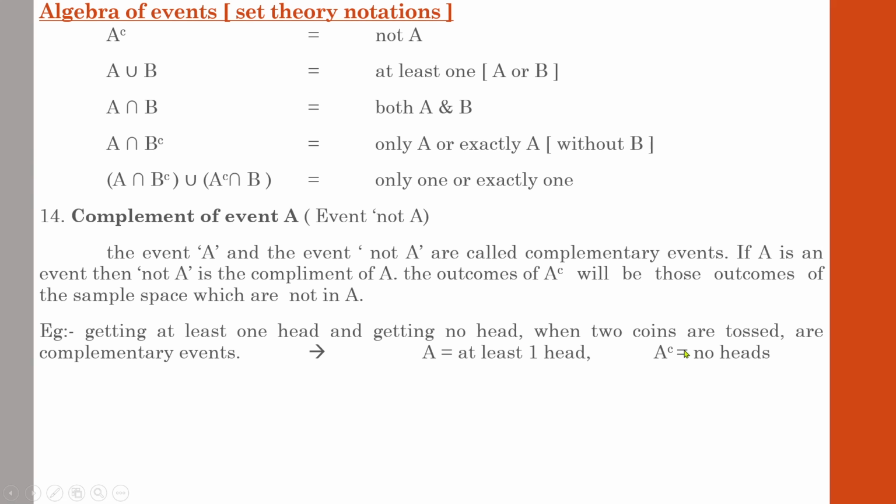Getting at least one head means A equal to at least one head. One event will occur. And getting no head, here with coins tossed under study, is the case of the complement. That is known as A raised to C.